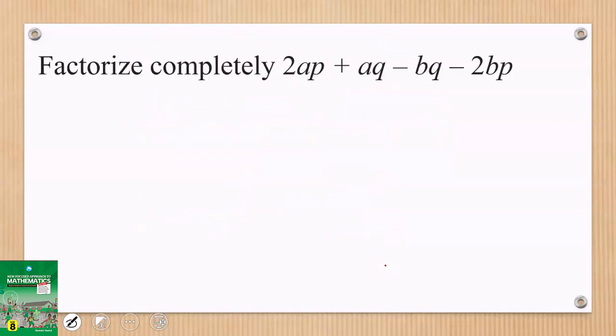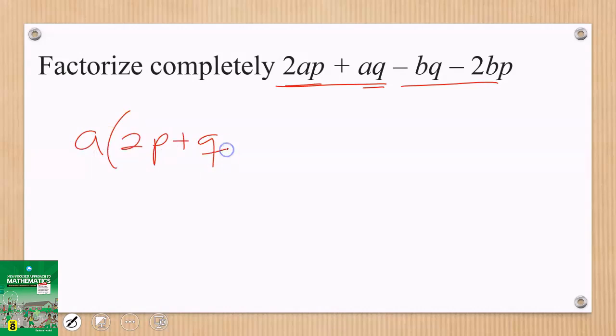Factorize completely: 2ap plus aq minus bq minus 2bp. Again, if I see the first two terms, there is a common factor, so I can take one out. And if I look at the remaining two, there's a common factor, so I can factor the common factor out. With the first set, I can factor a out. Then I have 2p plus q.